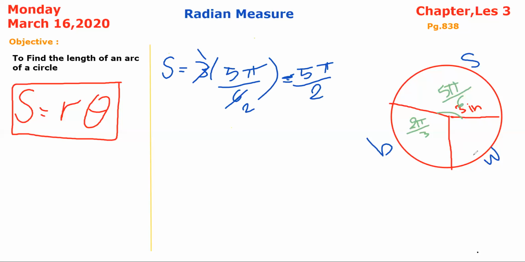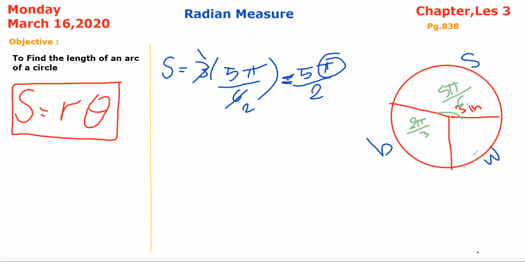Now, to find this length as a number, for this pi you will not use 180 as we discussed yesterday, because 180 is only for angles.